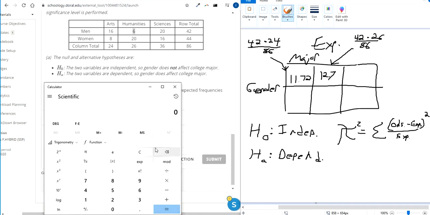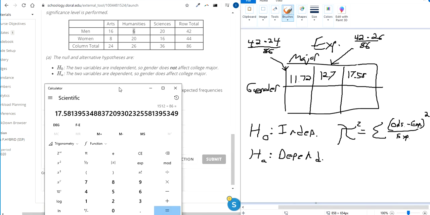The rest of these I'll just crunch out real quick so we can get to the next part. 17.58. We need some decimals because we're going to round to one decimal place at the end, so we should take at least two decimals with us.